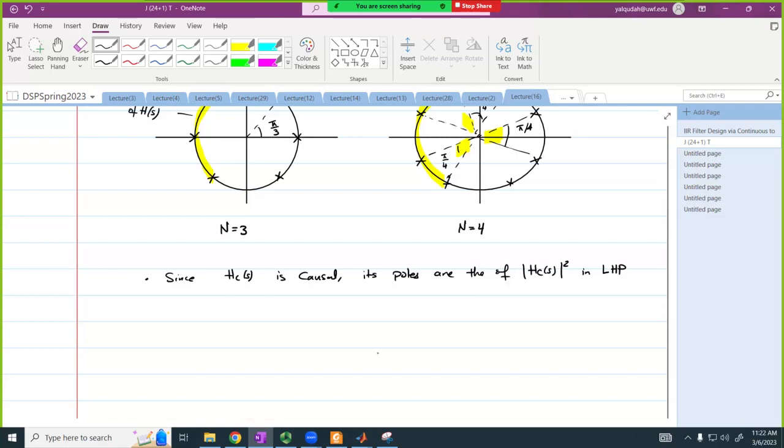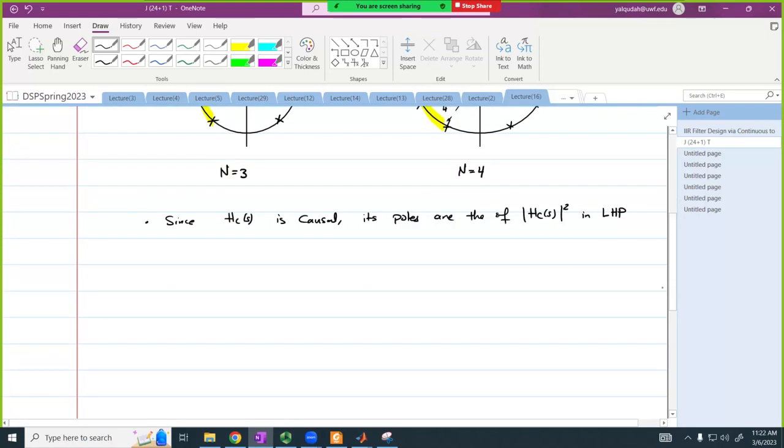Since it is stable and causal, the roots are in the left half plane.